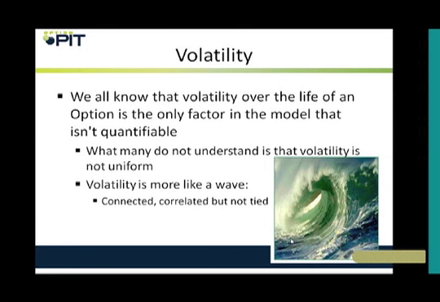Is it low tide? Is it high tide? All of these different factors are affecting a wave, and that's similar to volatility. Every strike and month, they're correlated, but they're not tied at the hip. They don't necessarily move uniformly.